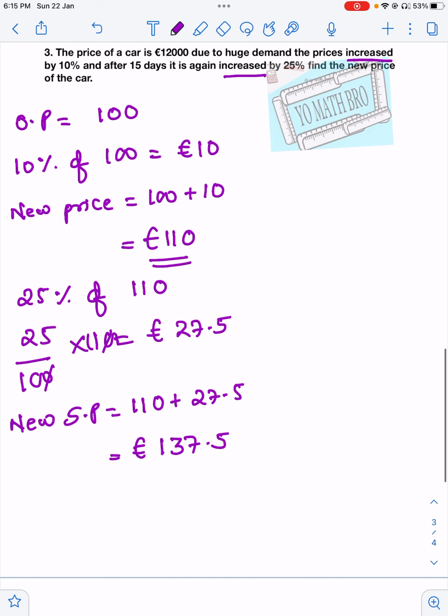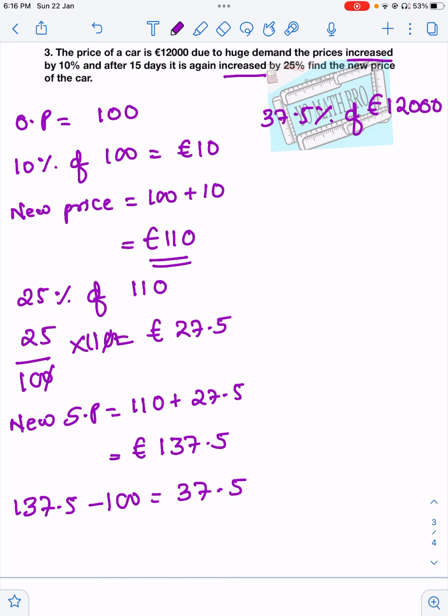So but I know that 137.5 minus 100 gives me a percentage change of 37.5. So what I do, I will find out 37.5% of the price of the car, that is 12,000.